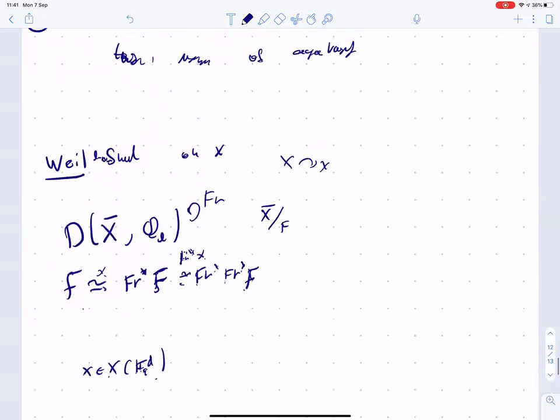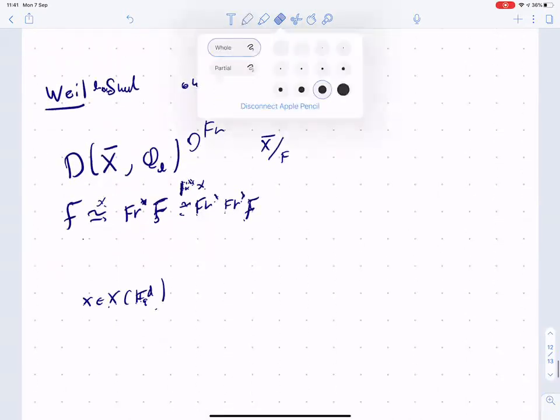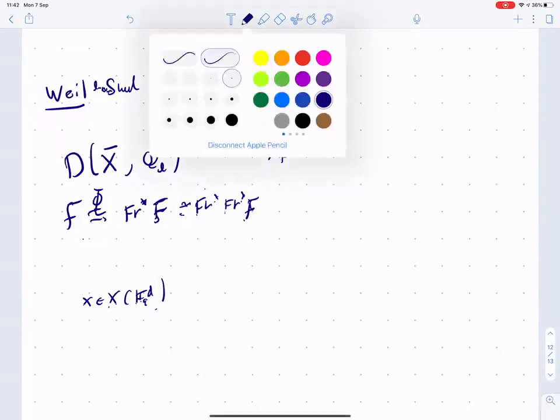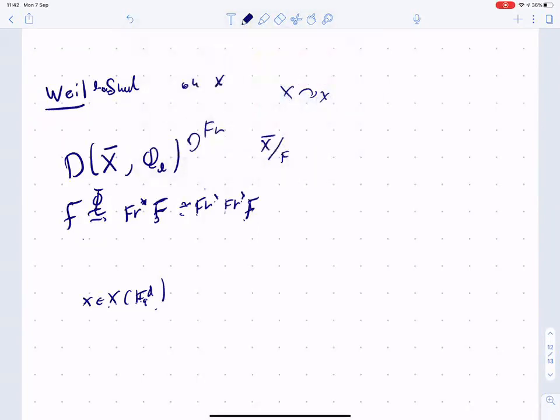I suggest you denote the isomorphism of F and Frobenius upper star F by phi. Okay, thank you. So I can pull back this guy, and now I have a canonical isomorphism to the Frobenius applied twice.